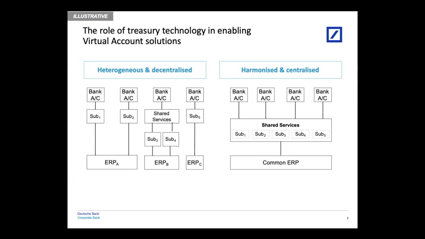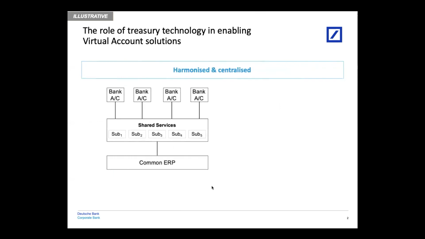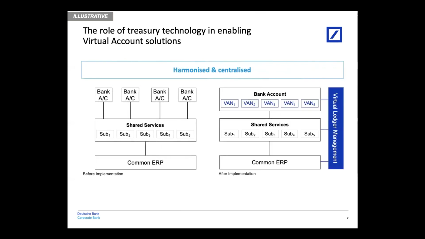Now, this is a broad distinction between the two common scenarios that we do see with corporates that we are speaking to. Let's now take this a step further and examine how does the introduction and usage of virtual account numbers actually help change that picture.